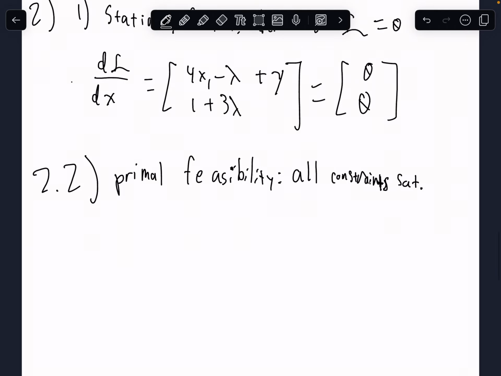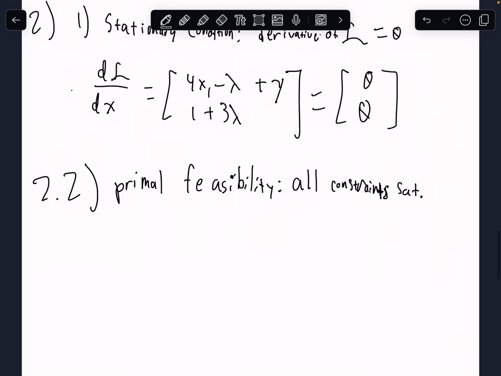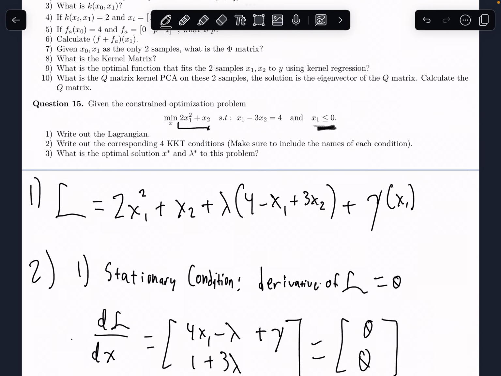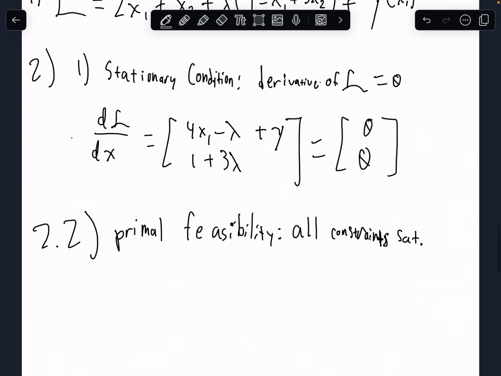So we have our two constraints, our two such that clauses. So x1 minus 3x2 equals 4. And we have x1 is less than or equal to 0.